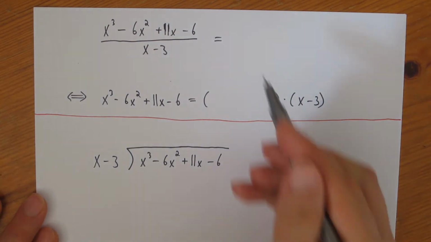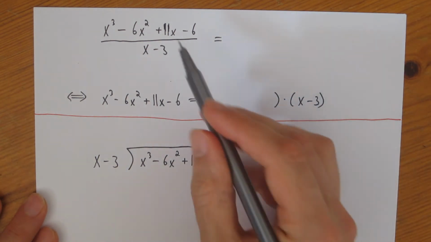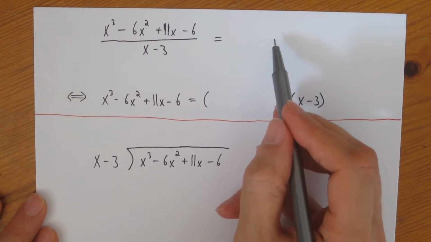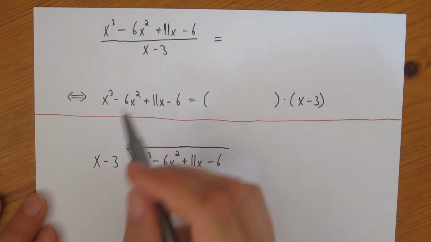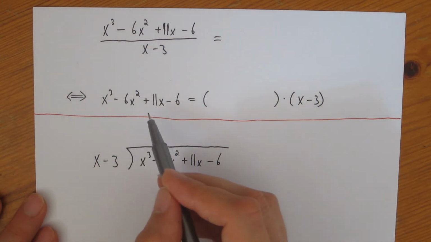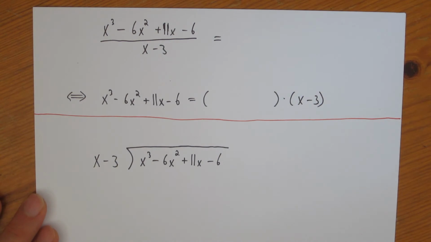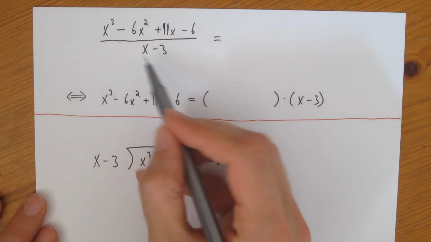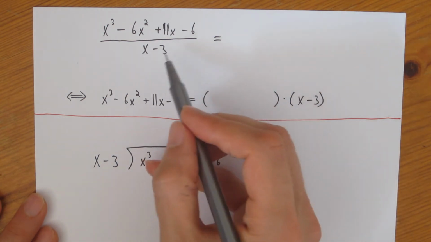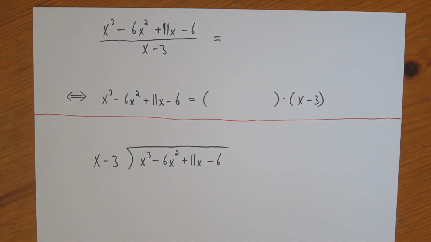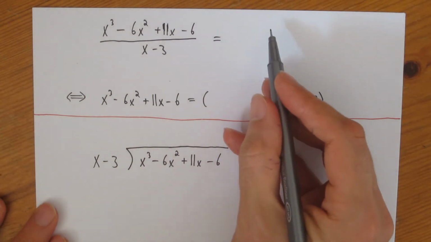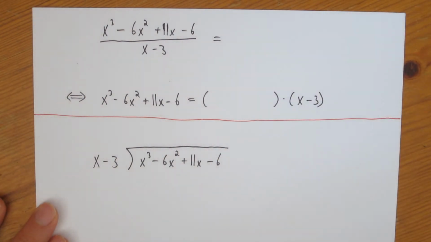So our remark here is that whatever that is, whatever this quotient is, that polynomial multiplied by x minus 3 should become x^3 minus 6x squared plus 11x minus 6. You can just move over the x minus 3 to this side, recalling that then division becomes multiplication on the other side. But the main question here is, what is this polynomial here?